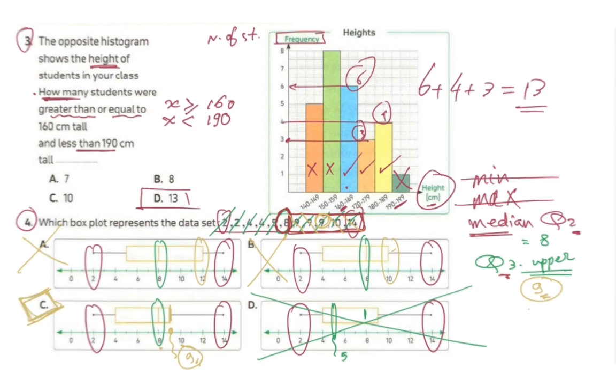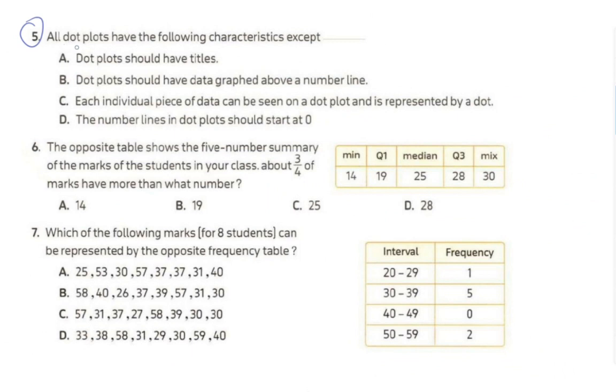Go to next. Point 5. All dot plots have the following characteristics except... All these characteristics belong to a dot plot except what? That means which one of them is not correct for a dot plot. Dot plots should have titles. Of course, yes. Dot plots have data graphed above a number line.